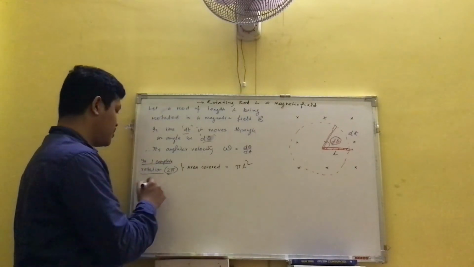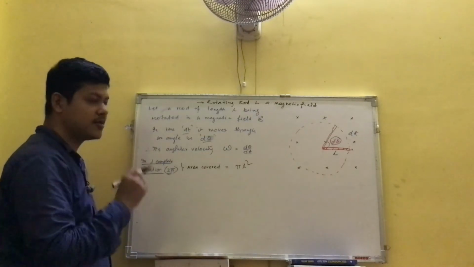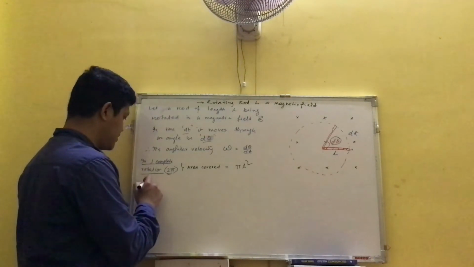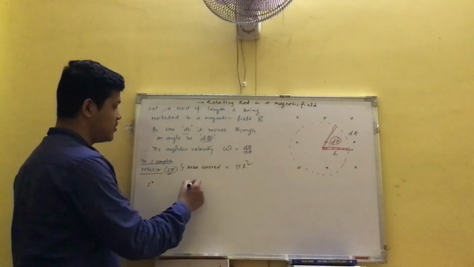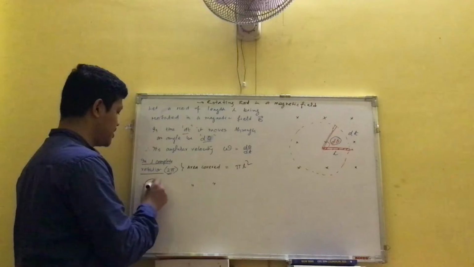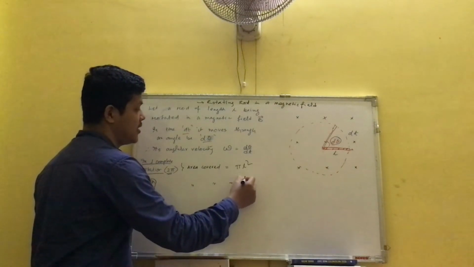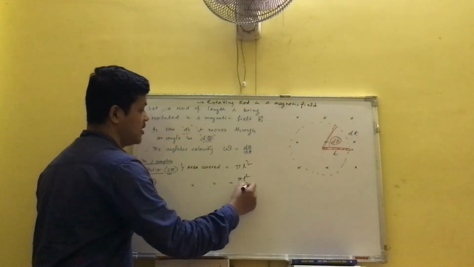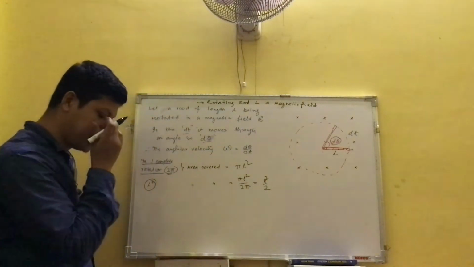So area covered in one complete rotation, that is twice pi, is this one. So in 1 degree rotation, what will be the area covered? The area covered in 1 degree rotation will be pi L square by twice pi, and here pi cancels, so we get L square by 2, right?